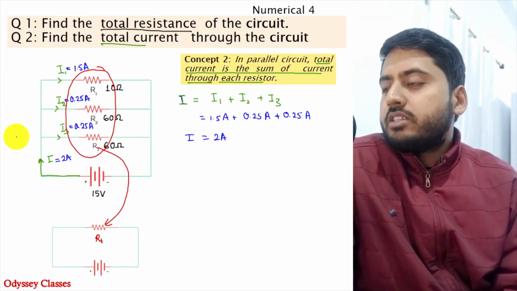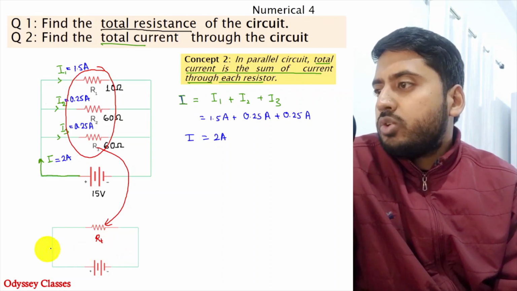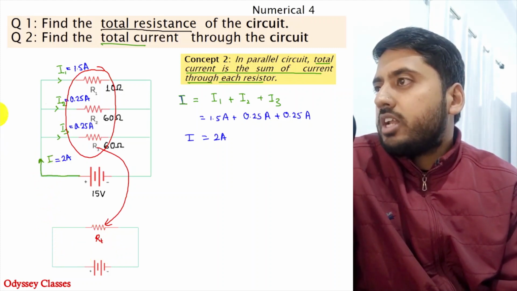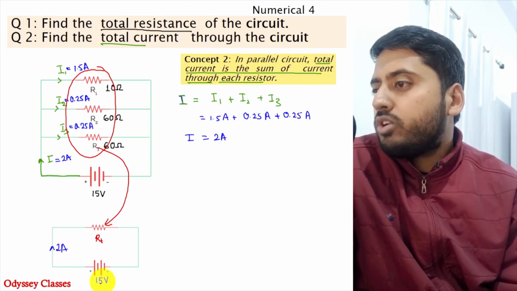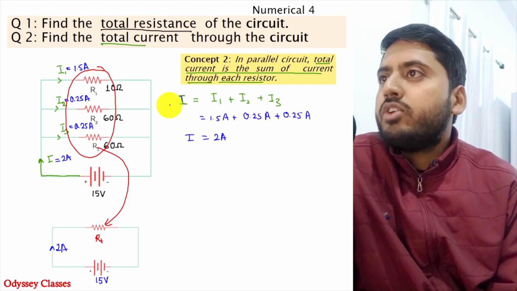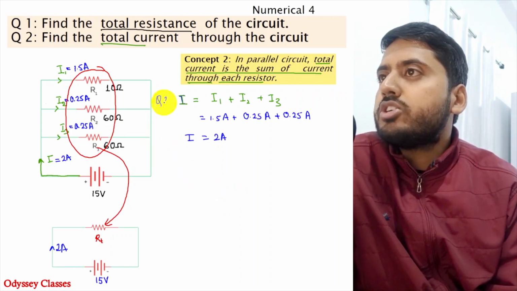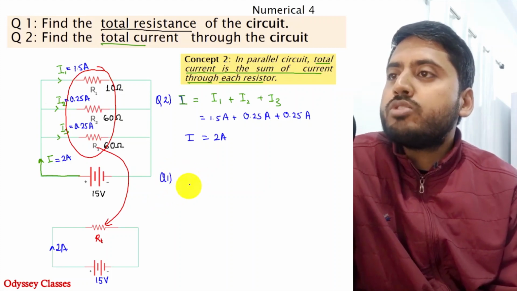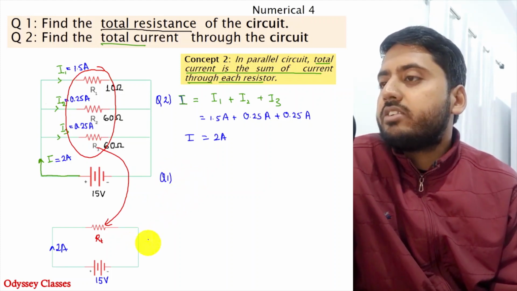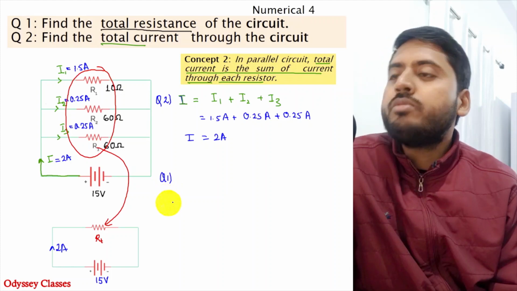The first method is, we can take the same total current of 2 ampere in the circuit and use simply Ohm's law. The supply voltage remains the same. So here we use Ohm's law in this circuit.